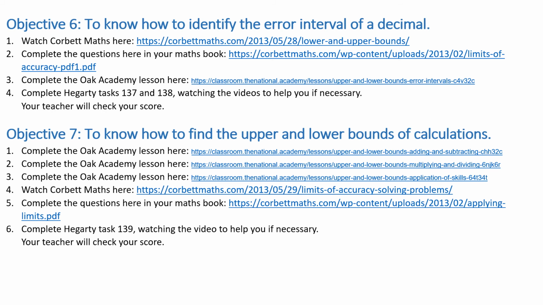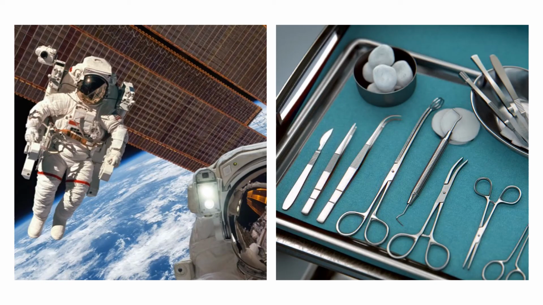Now, this is a really important area of maths because this area is absolutely necessary if you are doing something, say, in space or making surgical instruments. Because if you're doing something for space or for surgical instruments, we need to have no room for error at all.